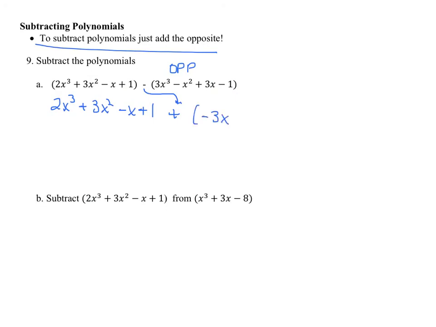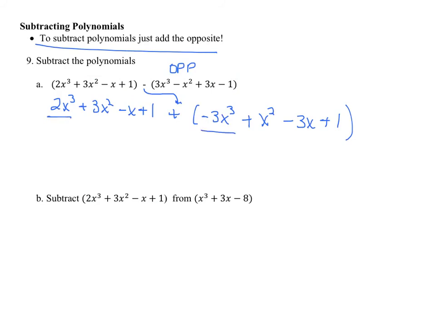So negative 3x cubed, positive x squared, negative 3x, positive 1. And then I can add. It's so cool. Change the subtraction to adding, and everything in that second polynomial changes to the opposite. And then we're right back to adding.